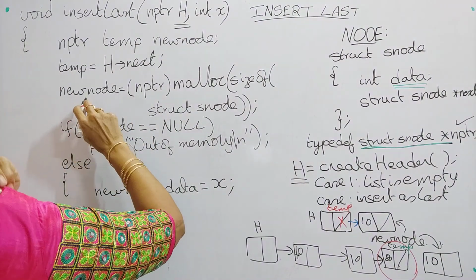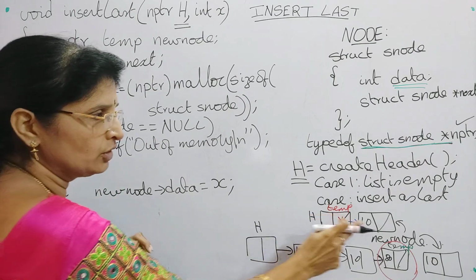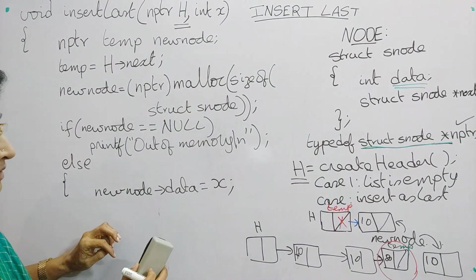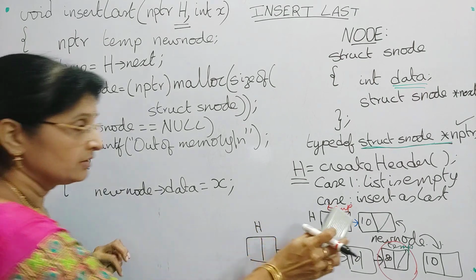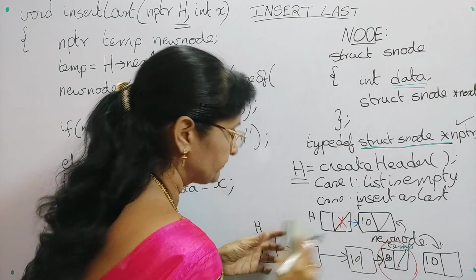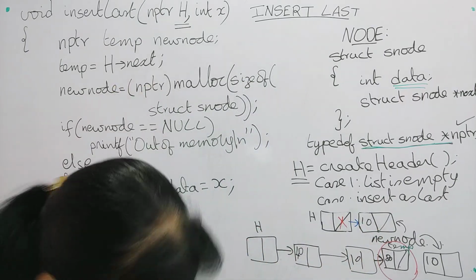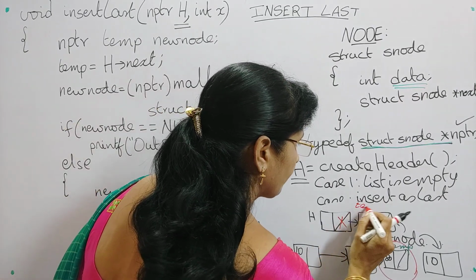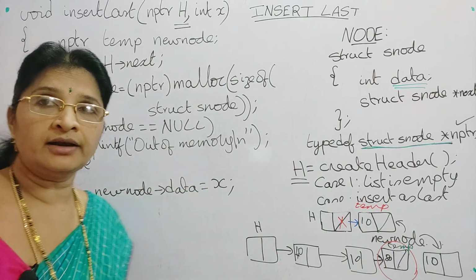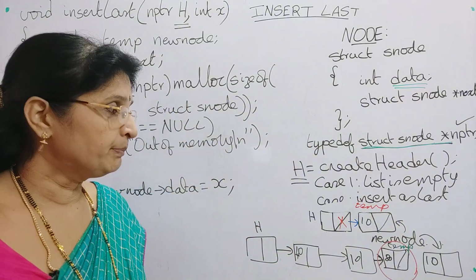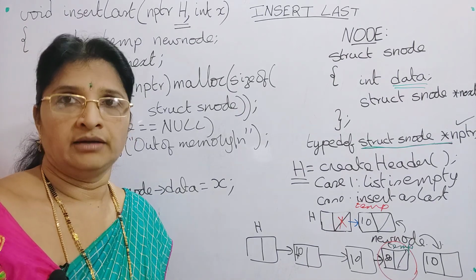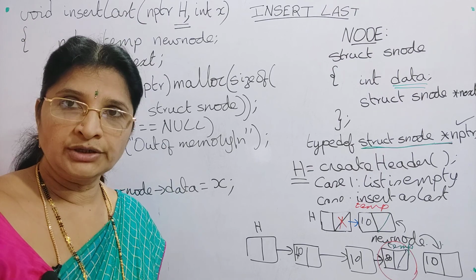So what I will do? I have already assigned temp to the first node, that is this one. So I will check whether temp next is not equal to null.